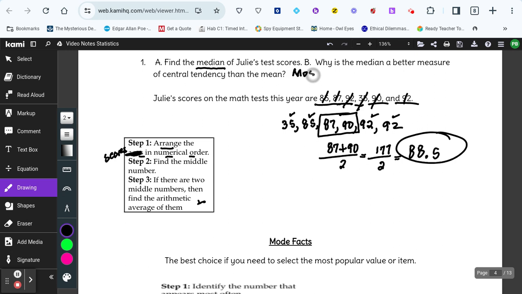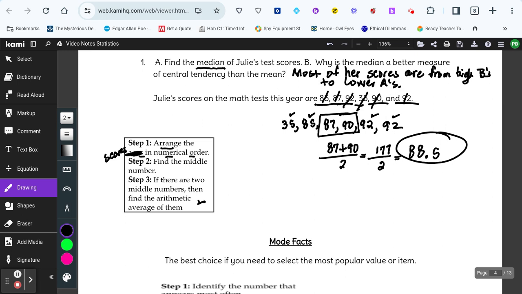So I'm going to put this. It says, why is the median a better measure of central tendency than the mean? Most of her test scores are, we'll say, from high B's to lower A's.